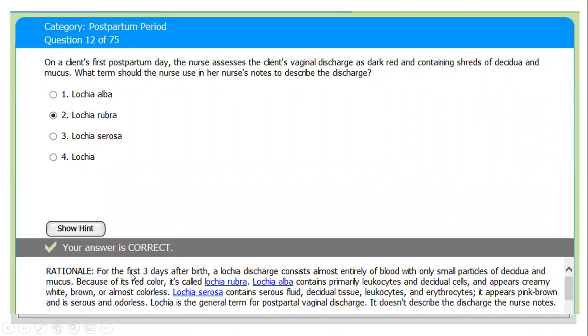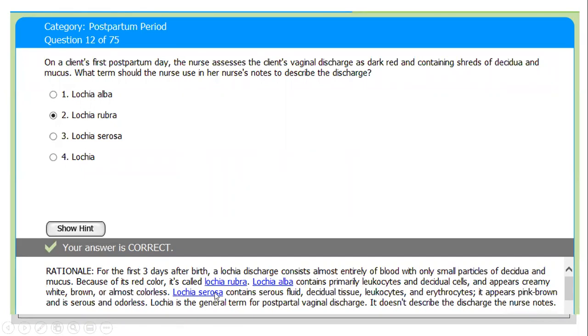Why? For the first 3 days after the birth, the lochia discharge consists almost entirely of blood with only small particles of decidua and also mucus. Because of its red color, it is called lochia rubra. Lochia alba contains primarily leukocytes and decidual cells. Appears creamy white or brownish or almost colorless.